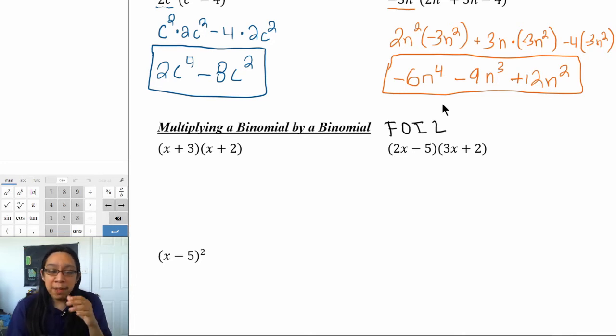But on the flip side, some math teachers really dislike the word FOIL because, in their opinion, it removes the technique, the skill that's behind it. So you might also hear FOIL being referred to as double distribution.